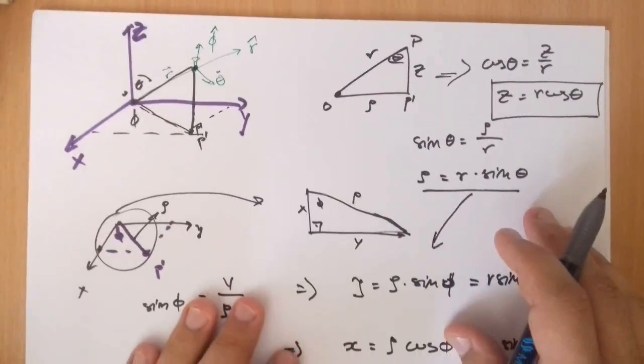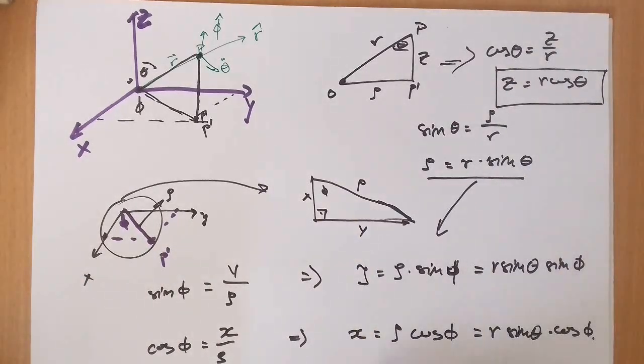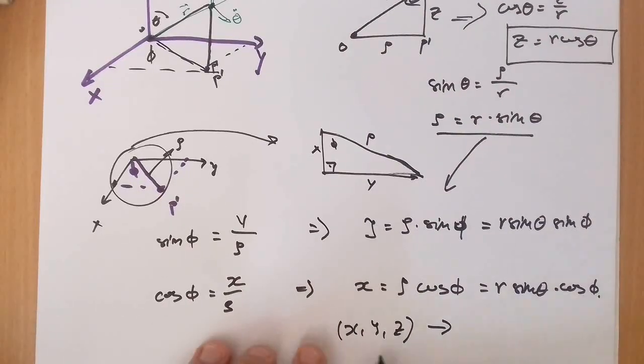So this is the relationship between Cartesian coordinates x, y, and z to r, theta, phi.